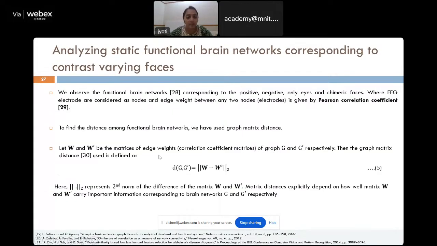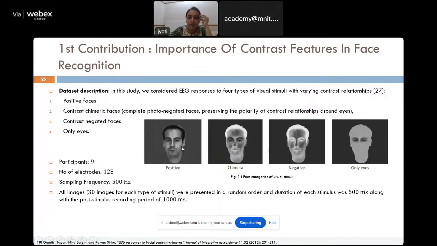The question was asked, how do we find the matrix distance between any two networks? This is what we have done in the first work. For the positive phase, we acquired EEG data, and the positive phases were shown 30 times. We accumulated the data and found the average data.